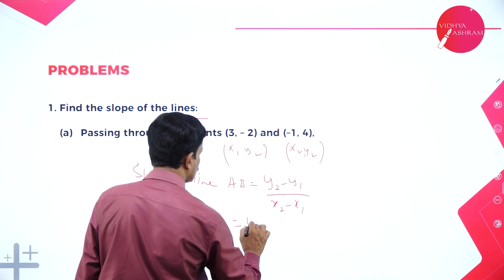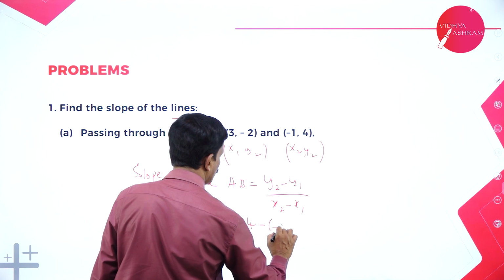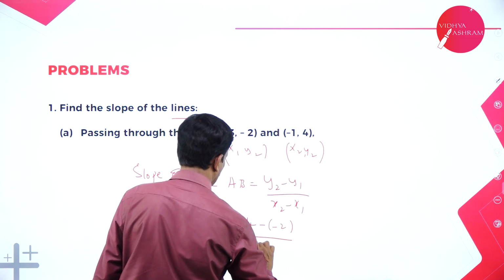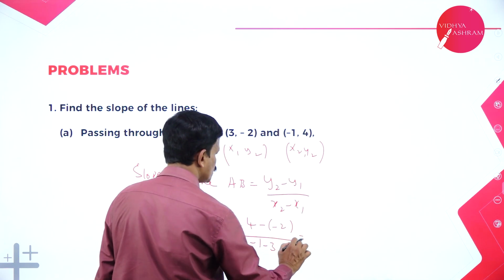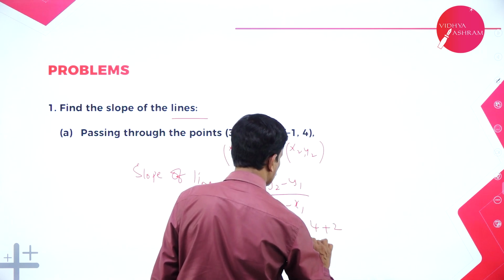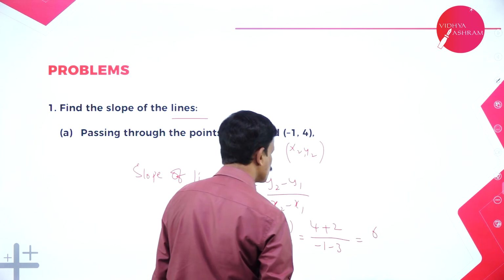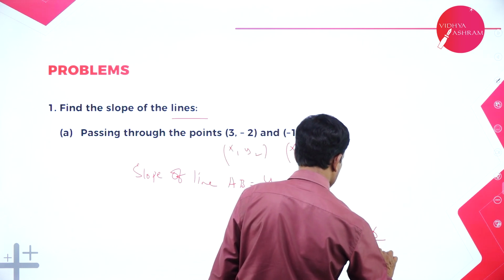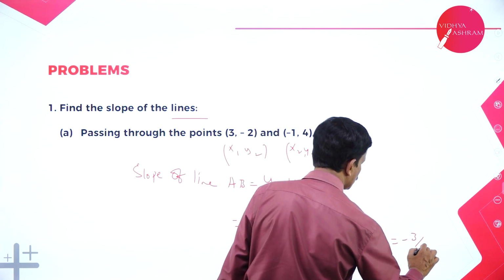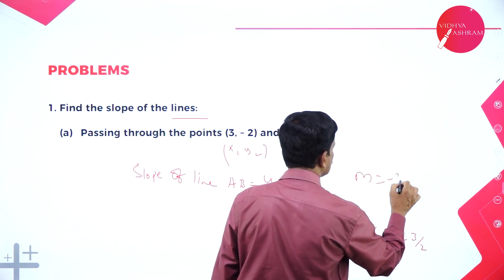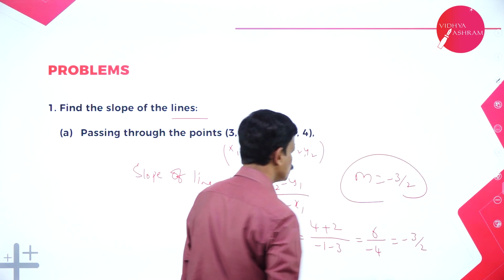That is 4 minus of minus 2 divided by minus 1 minus 3. Minus into minus is plus, so 4 plus 2 is 6, divided by minus 4. That's equal to minus 3 by 2. The slope of the line is minus 3 by 2.